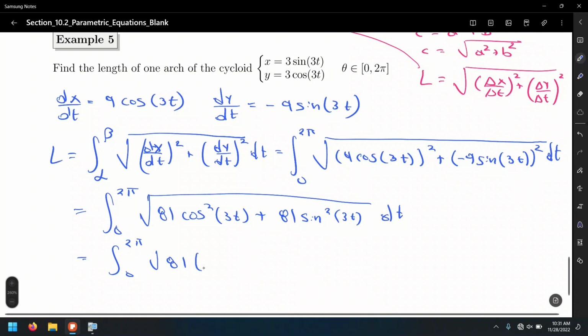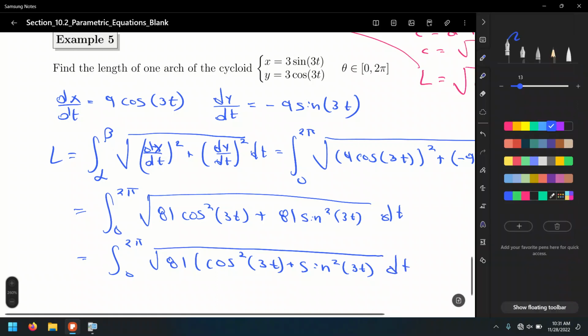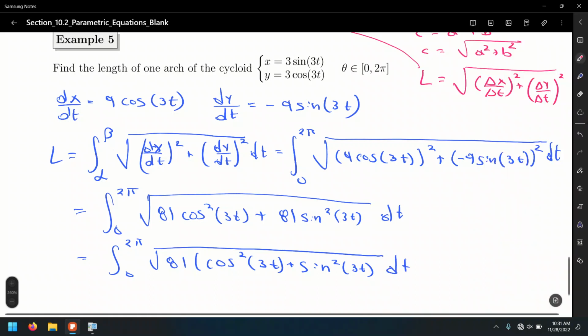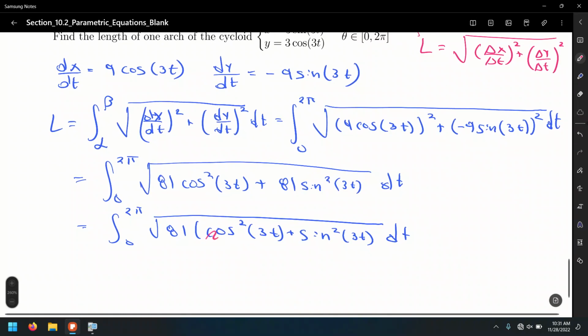That's 81 times cosine squared 3t plus sine squared 3t, dt. And I think you can recognize an identity here. This one is the Pythagorean identity, cosine squared plus sine squared, or sine squared plus cosine squared, regardless of the order. It's an addition, order doesn't matter.